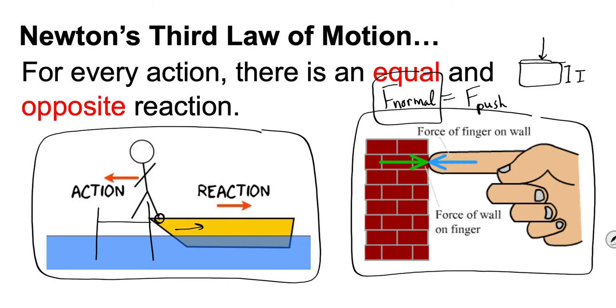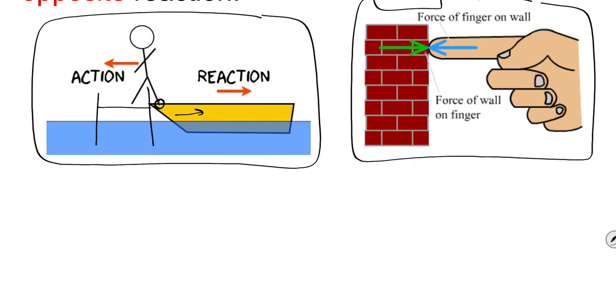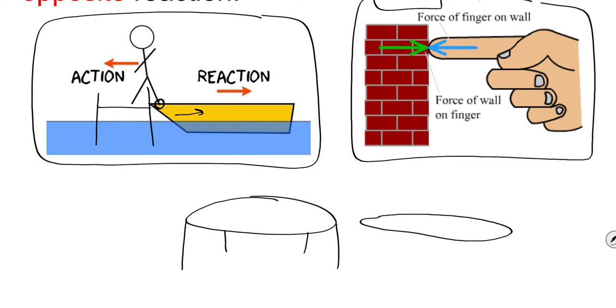Another way to think of the normal force would be like a trampoline. Your trampoline with nothing on it just sits there like that. When you start bouncing on it, or you have a person or something on that trampoline, then your trampoline starts to flex. But it doesn't break, right?